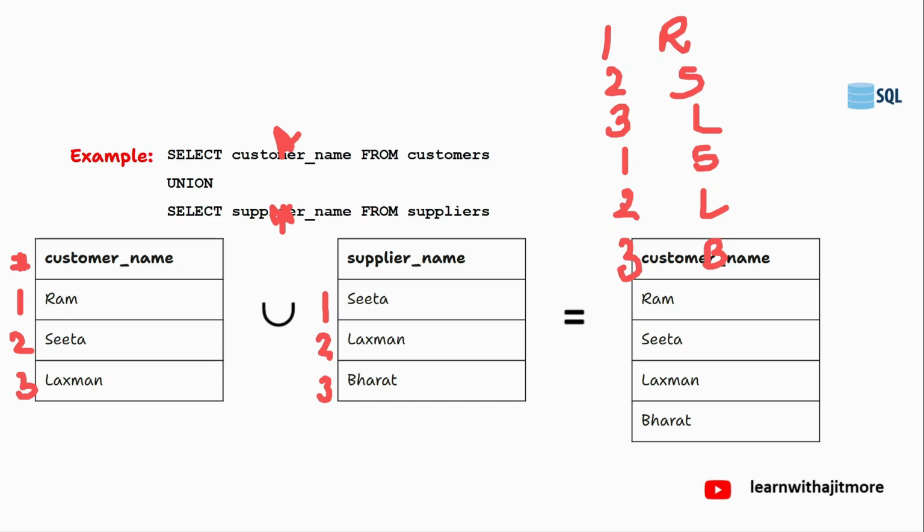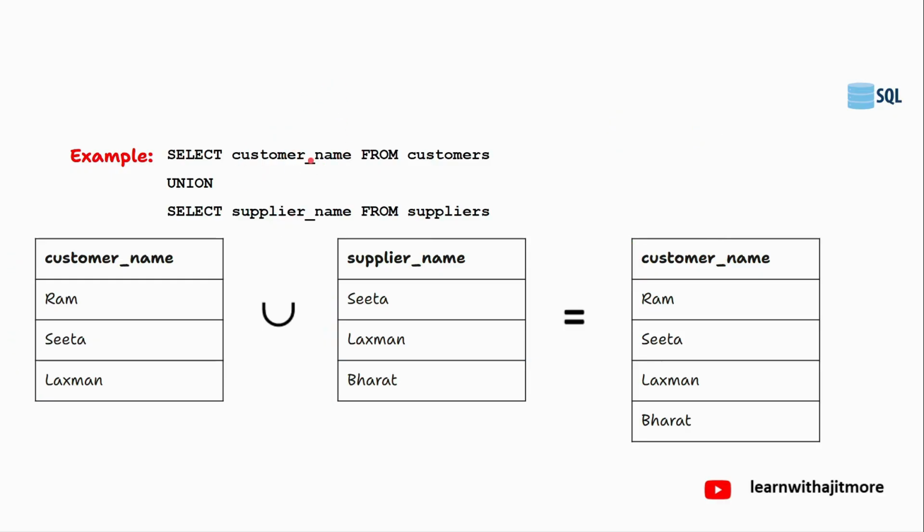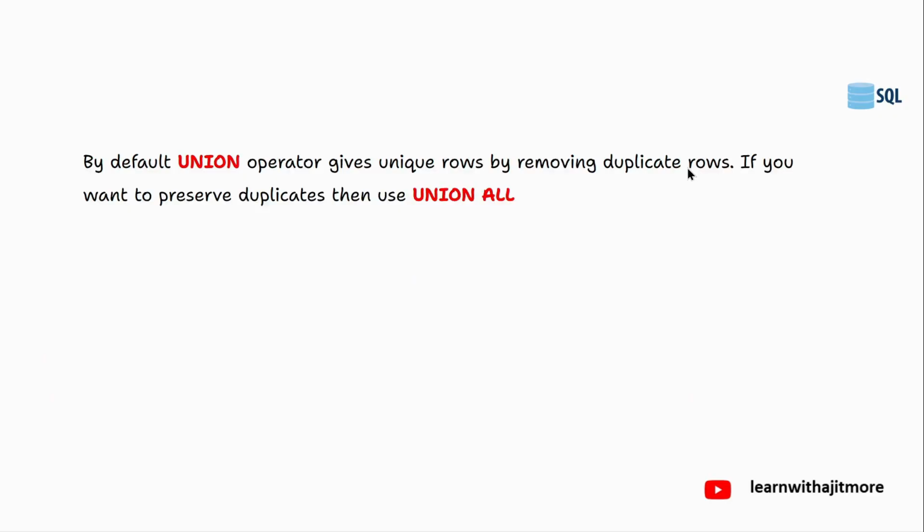Understanding? But when you took only the selected column, only customer name, that time you got Ram, Sita, Lakshman, and here Sita, Lakshman, Bharat. So that time when you take union, Sita and Lakshman are duplicates. Therefore, they come once only. So please remember that. It depends on what columns are there in that query.